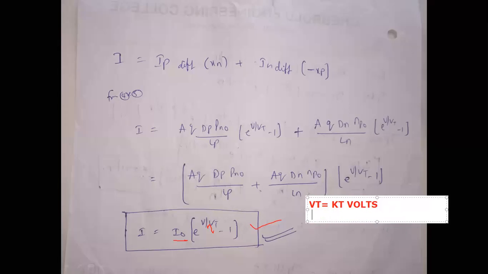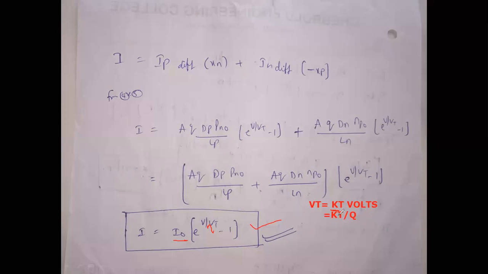It is also written as Vt equal to k bar T by Q, where k bar is also the Boltzmann constant, but expressed in joules per degree Kelvin.